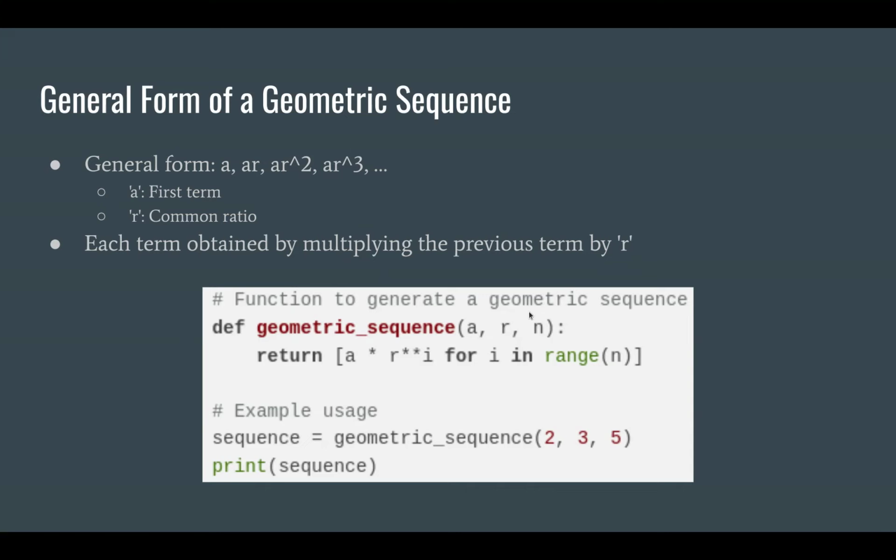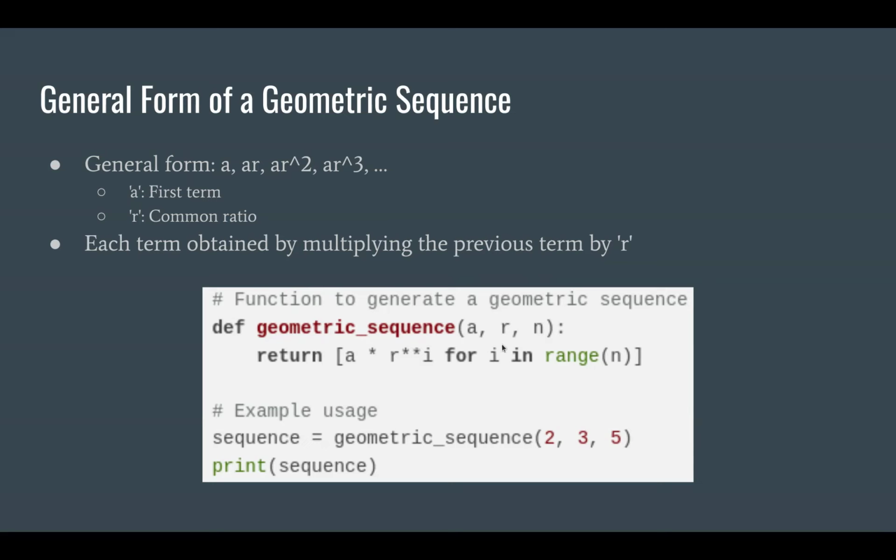If we're to use Python, we could have a function called geometric sequence, which takes the first term A, the common ratio R, and the number of terms N as inputs, and it generates a geometric sequence using a list comprehension.